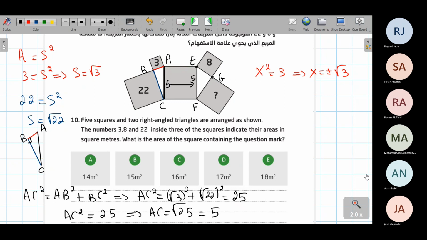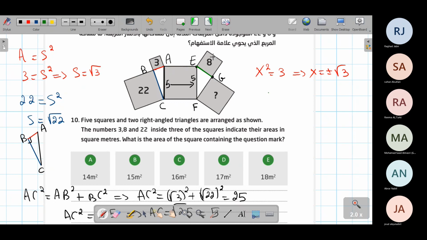Right. Now, I want to find EG. EG here, the same thing like the first two sides. This is red color. Let's make it bold more. So now, yellow.